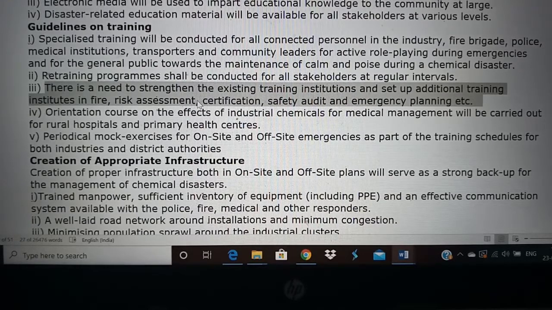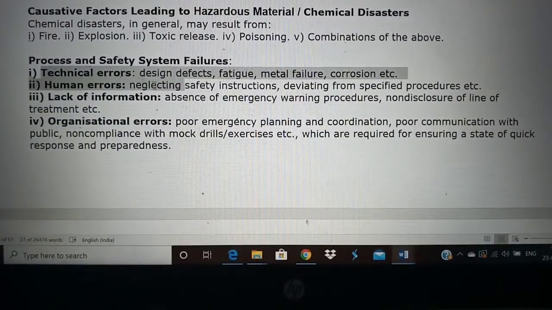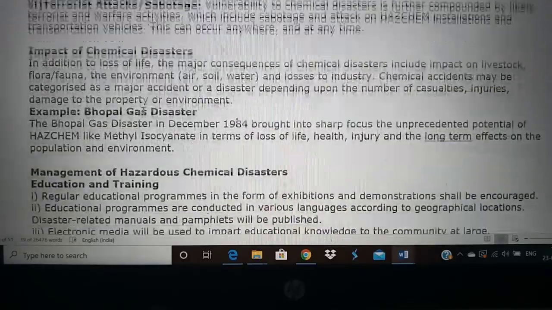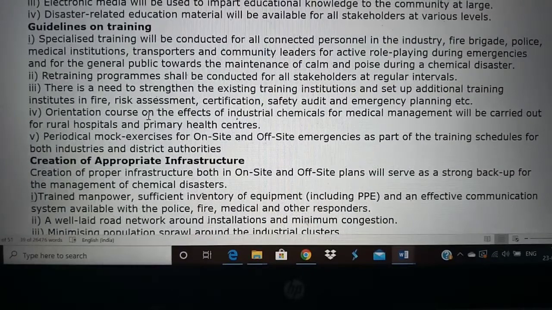Then people who are trained can be certified, and safety audits are done. We saw technical errors, human errors and lack of information; to prevent all this, we will have safety audits. An audit is done so that people will know where the risk is and how to overcome it. And then emergency planning is done.